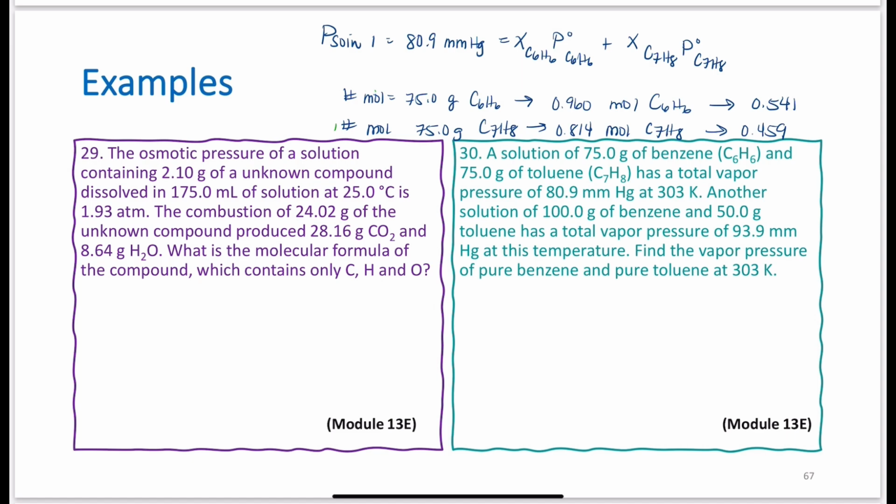So I can plug that into the equation above. I know my mole fraction here is actually 0.541.